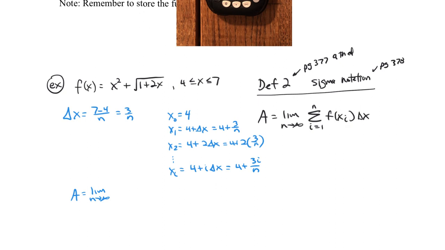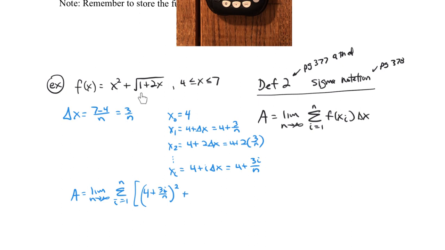So we have the limit of the sum, i equals 1 to n. And then it gets a little messy, but this is x squared, so wherever I see an x, I need to plug this in. So we're going to get 4 plus 3i over n, squared.